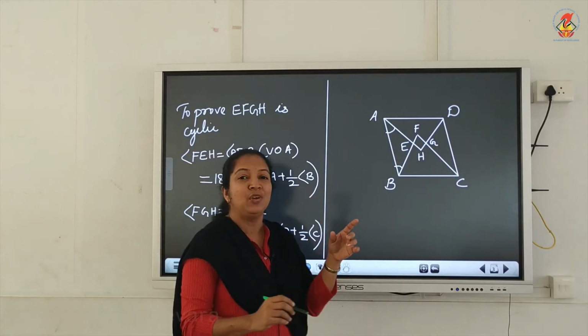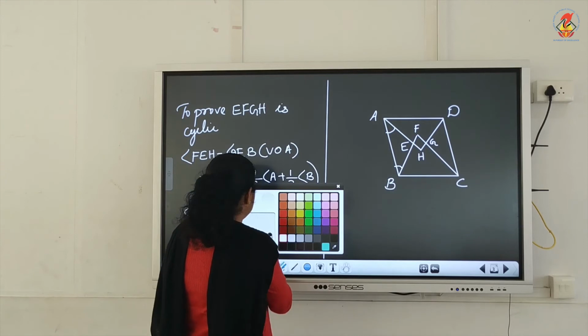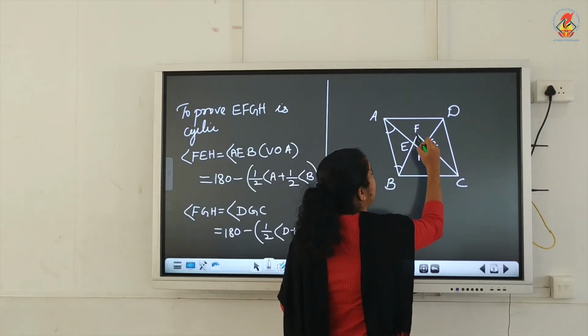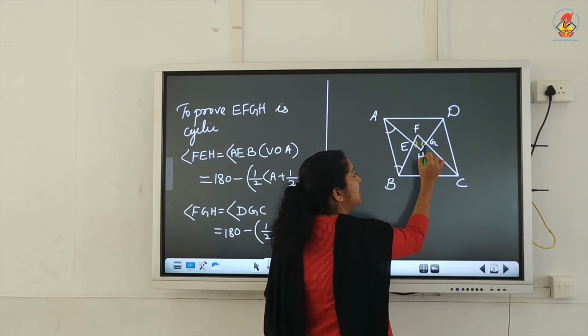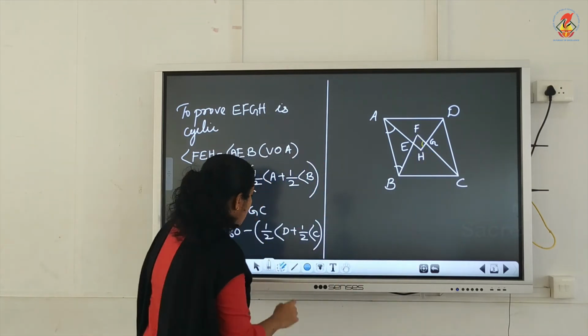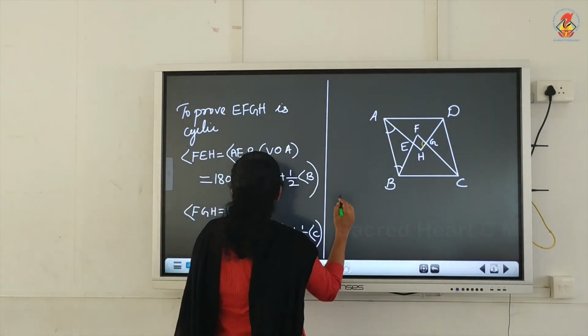What we need to prove is that this quadrilateral EFGH is cyclic. For that we are going to prove that this angle plus this angle is equal to 180 degrees. So we want to add these two.